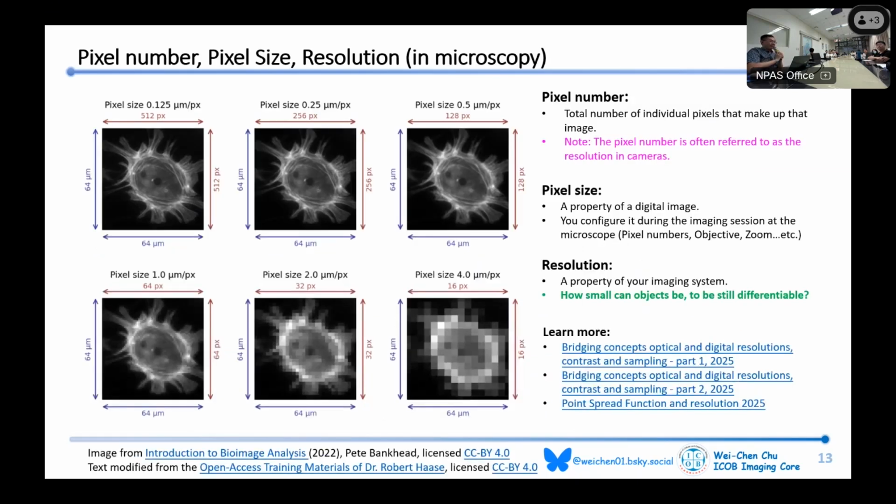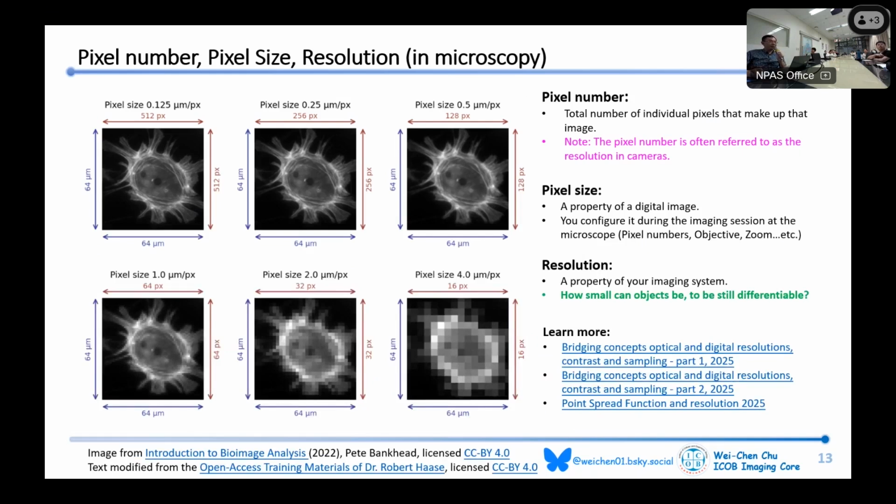Okay. Then what are pixel number, pixel size, and resolution? First is the pixel number. That means the total number of individual pixels that make up this image. For example, this one is 512 pixels by 512 pixels, and this one is 16 pixels by 16.